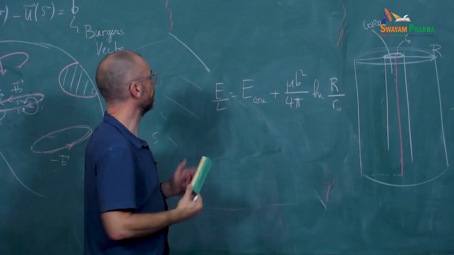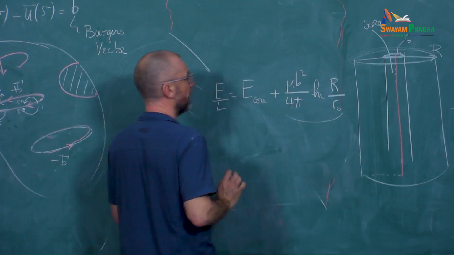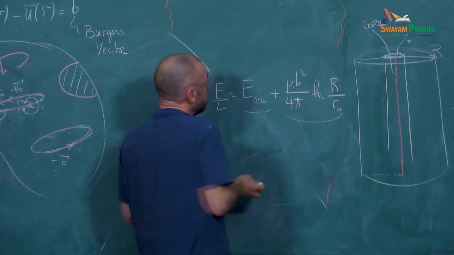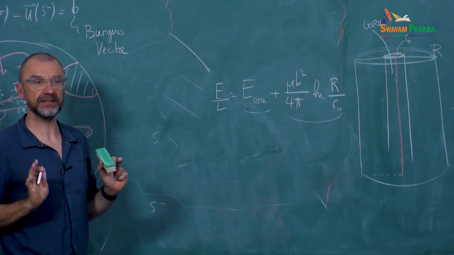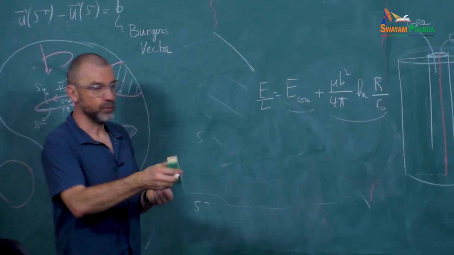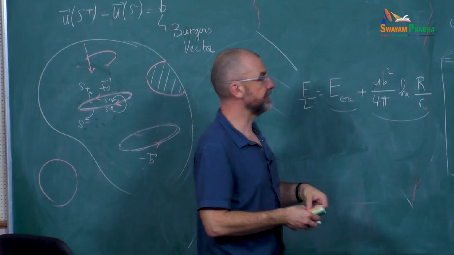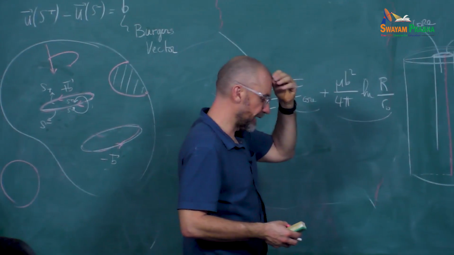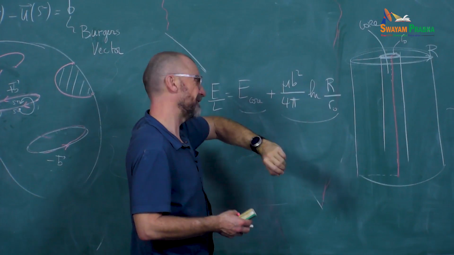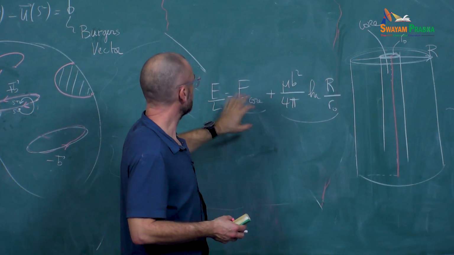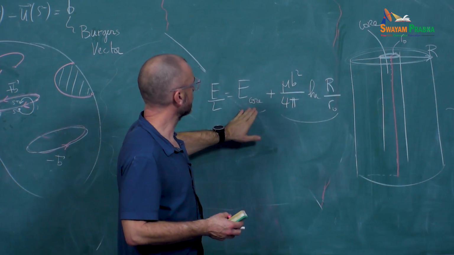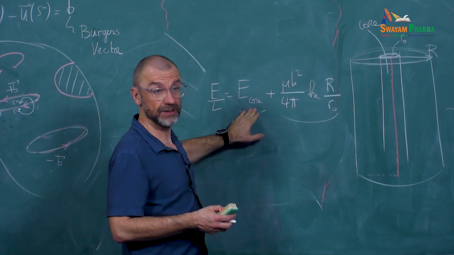So that would be the total. So we say outside of the core we have elasticity. Inside we have something that cannot come from elasticity. And I've put an input file with LAMMPS, and I think at the end, if I have time, I'm not sure. But obviously this term here can come from atomistic calculations.